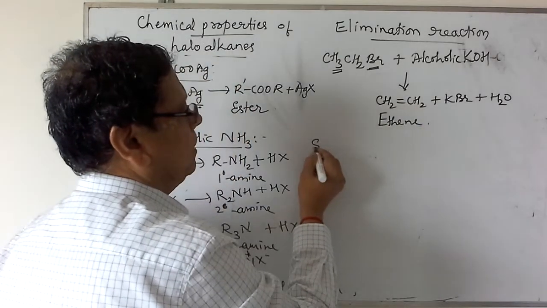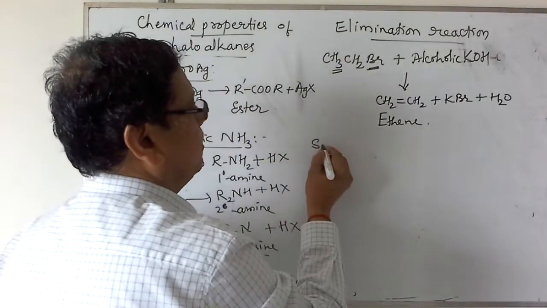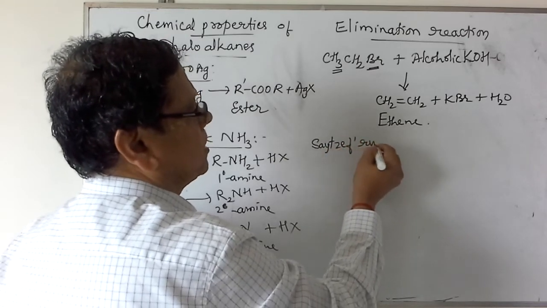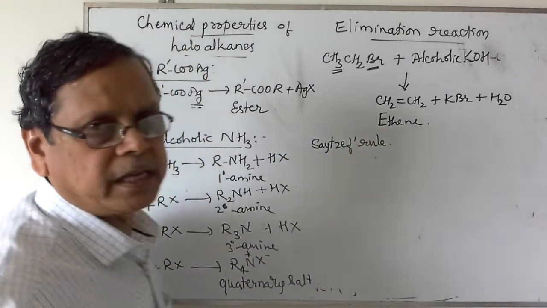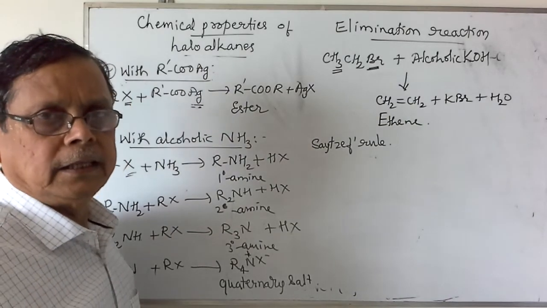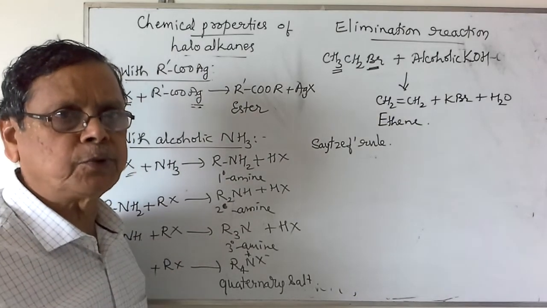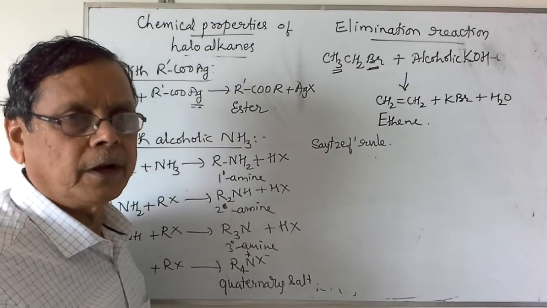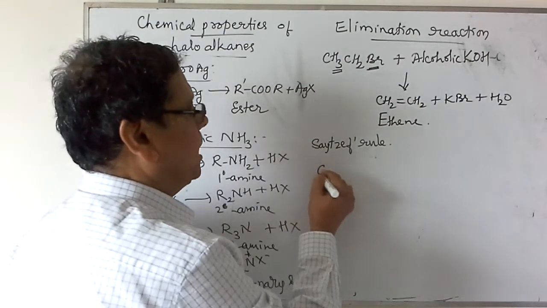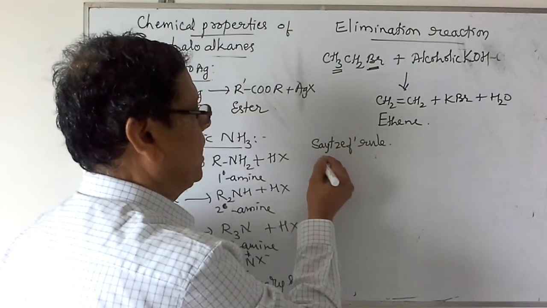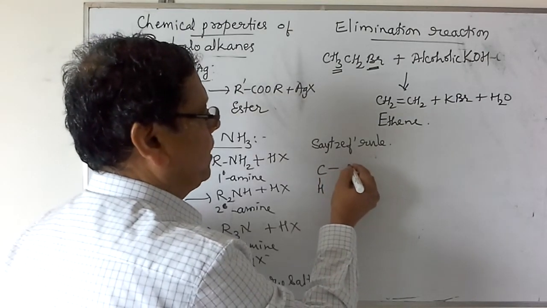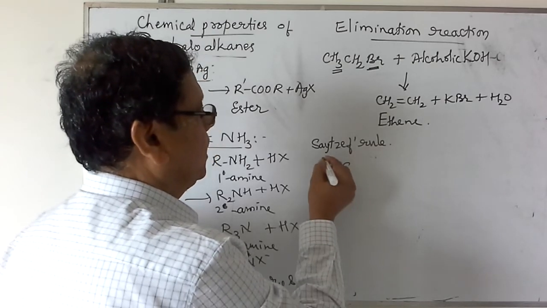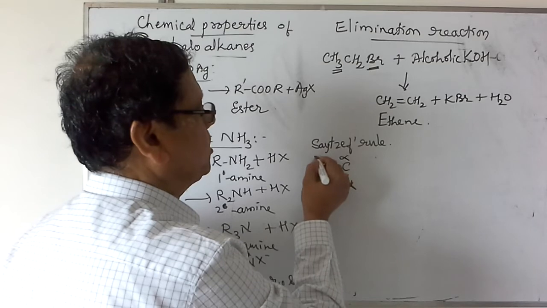Here we have to remember this elimination will take place according to Saytzeff's rule. If more alternative alkenes are possible, then the alkene with the most substituted carbon-carbon double bond will be the major product. Or when you consider a carbon atom with a halogen atom like X, this is the alpha carbon atom and the adjacent one is the beta carbon atom.